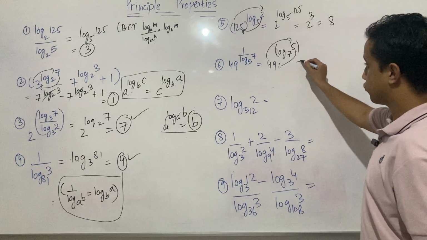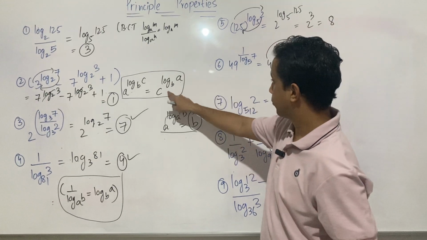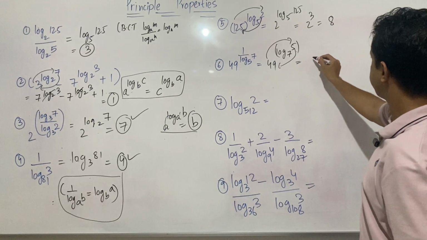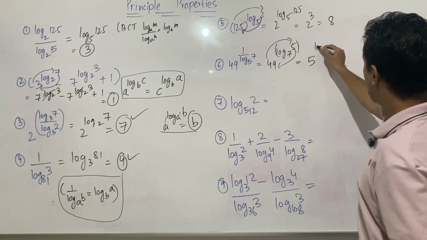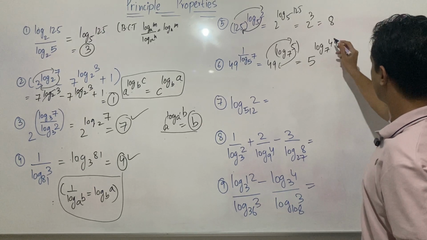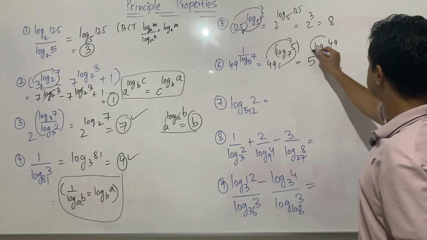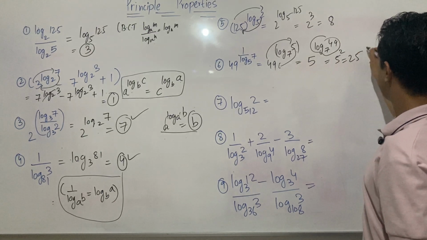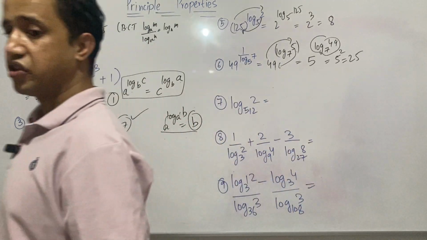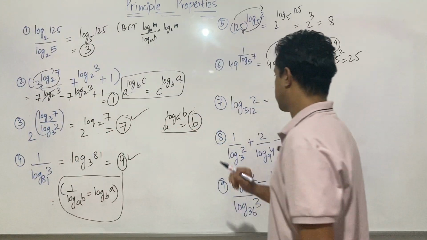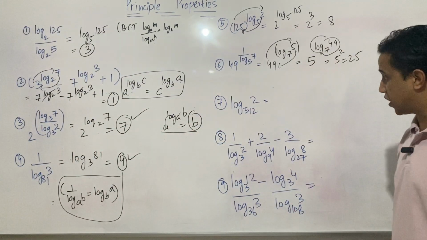And so we can make use of this property. So it would be here 5 raised to log 49 base 7. Now this thing is 2, so 5 raised to power 2, it's 25, right? It is 25. Okay, now go to the next, log of 2 to the base 512.